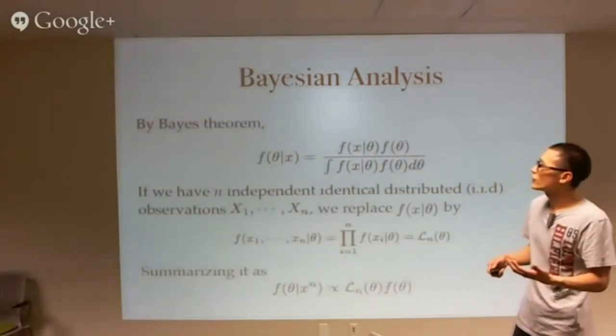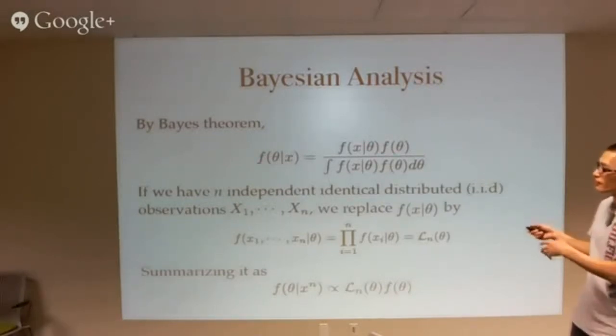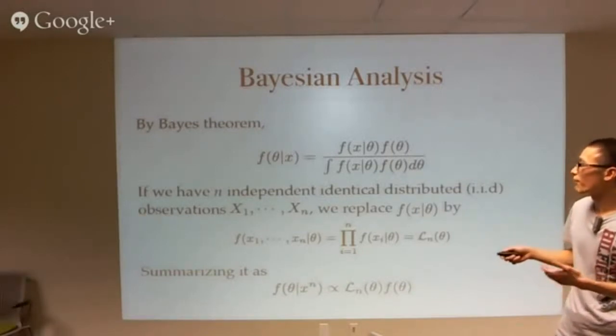So we use Bayes' theorem. Here you can see if it is a continuous distribution, we use the integral, and the rest is the same as previously.